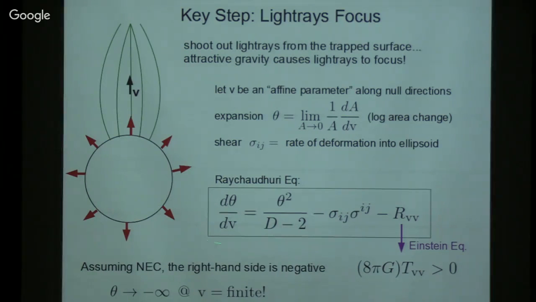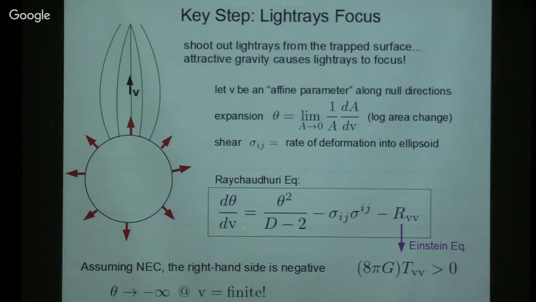This is a geometrical fact called the Raychaudhuri equation that's true in any geometry, that you can relate this second derivative of the area to, oh, there's a minus sign missing here. See that? There's a minus sign right where my laser pointer was.